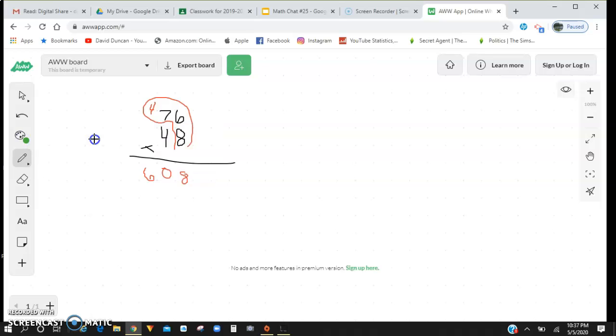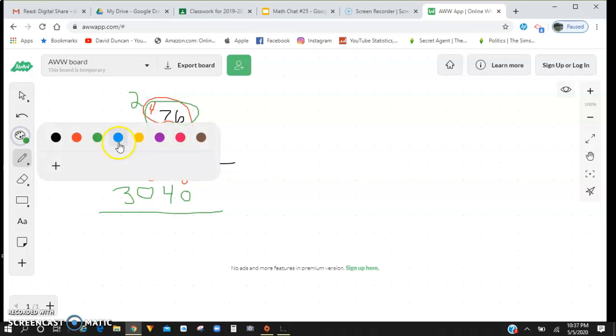Change my color for the next part of my turtle head. My turtle head's going to go this way now. I dropped that turtle egg. 4 times 6 is 24. Carry a 2. 4 times 7 is 28, plus 2 is 30.